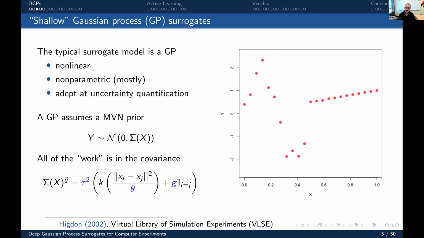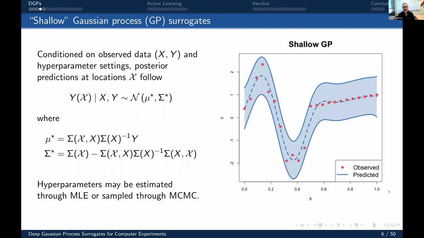If you want to make predictions, so you want to train on these data and then predict what y would be at a new set of x's and give good UQ, then the way you would do that is you would stack your training data and your testing data together into one big multivariate normal distribution, and then you would apply conditioning equations like you would find in Wikipedia or in the appendix of a good statistics textbook that tells you about what the distribution of one part of a multivariate normal is given the other part.